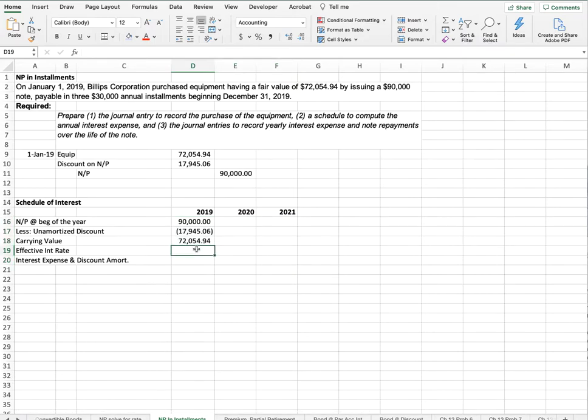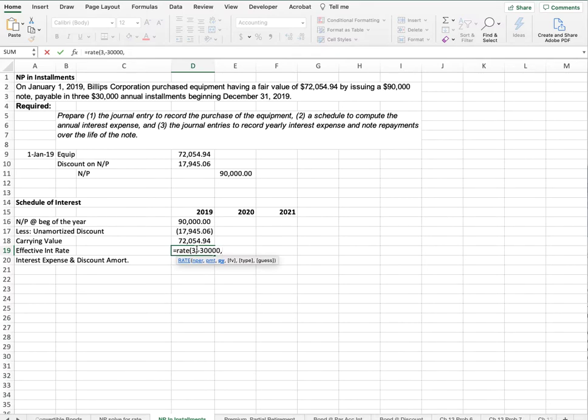Okay, so what's the effective interest rate? We could use the present value of an ordinary annuity table to solve for the interest rate on the 3 periods, or we can use the rate function in Excel. So we'll say equals rate, open parentheses, number of periods, 3, comma, the payment is $30,000 a year, so minus $30,000.